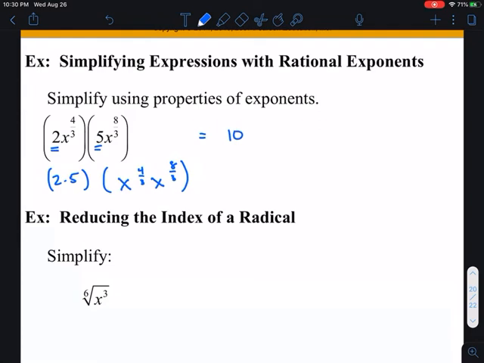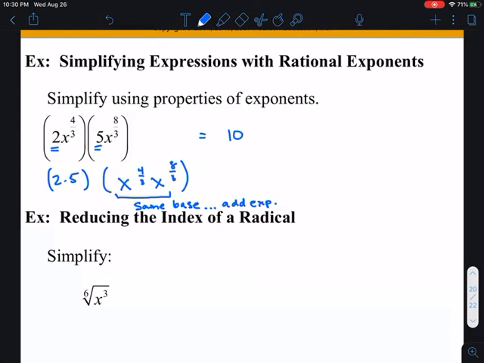And then if I have x to the 4/3 times x to the 8/3, what happens when I have the same base? What do I do with my exponents? I'm going to add the exponents. Well, those fractions aren't too bad to add because they already have the same denominator of 3.